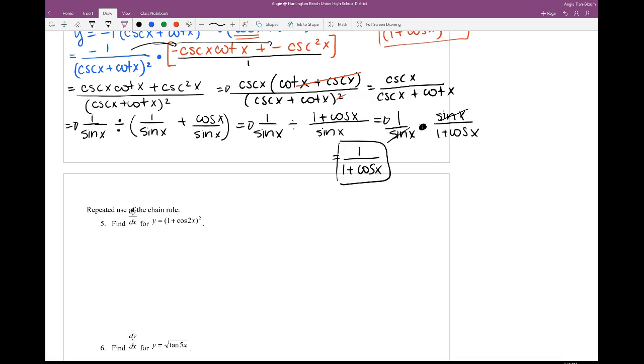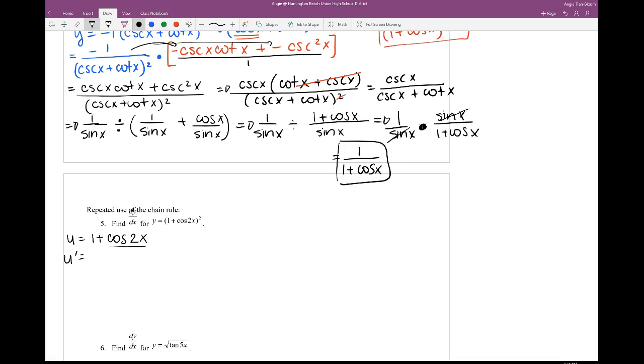So here we go. I'm going to do u substitution, okay? Let u be 1 plus cosine of 2x. Okay, u prime with respect to x is going to be, derivative of 1 is 0.